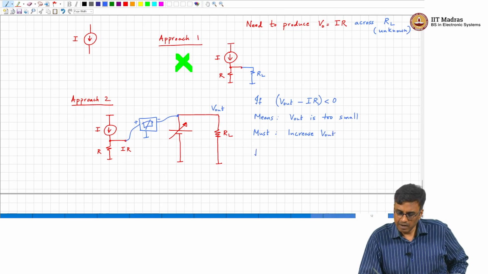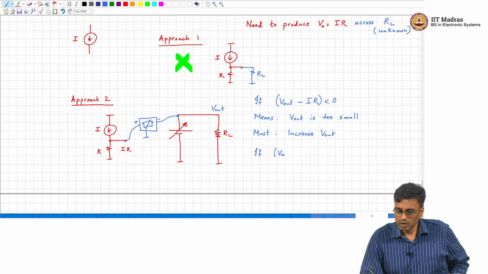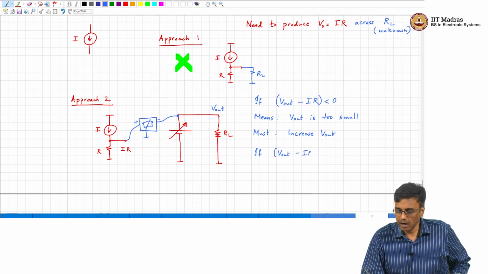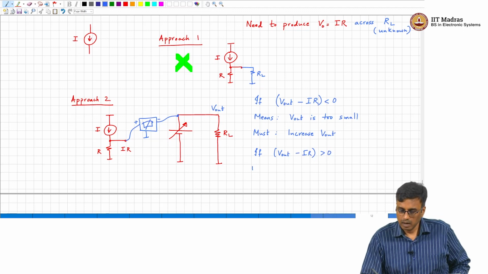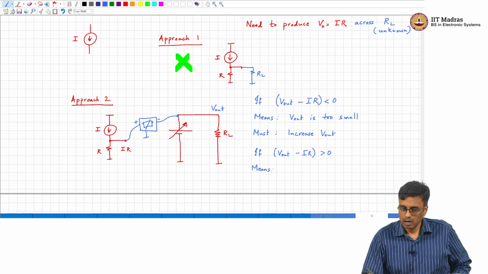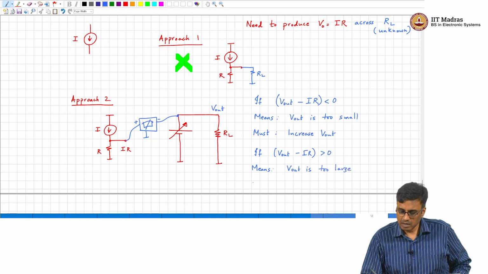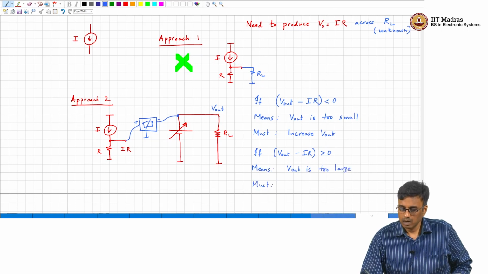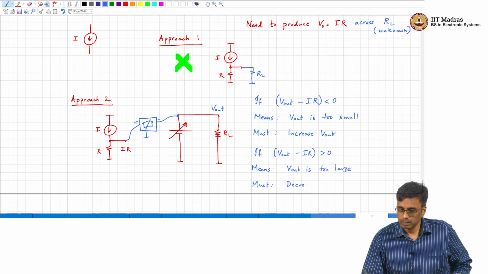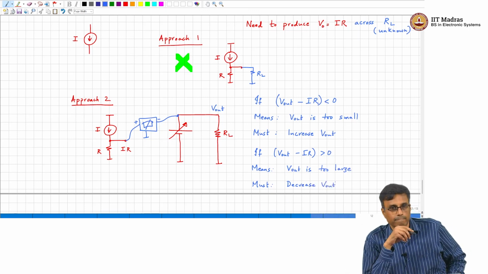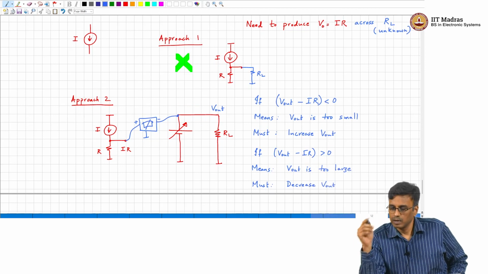In a similar manner, if V out minus I times R is greater than 0, what does it mean? V out is too large and I must decrease or reduce V out. Is this clear, folks? Okay.